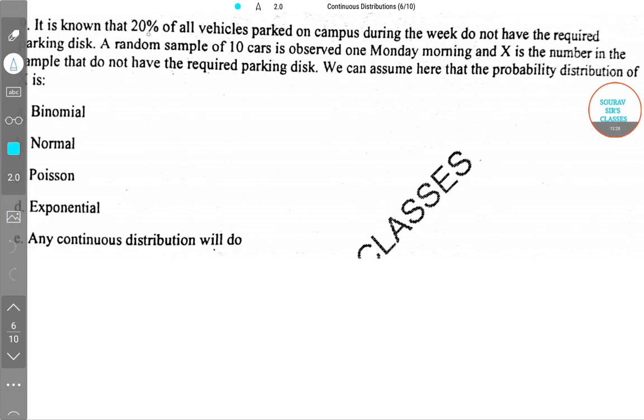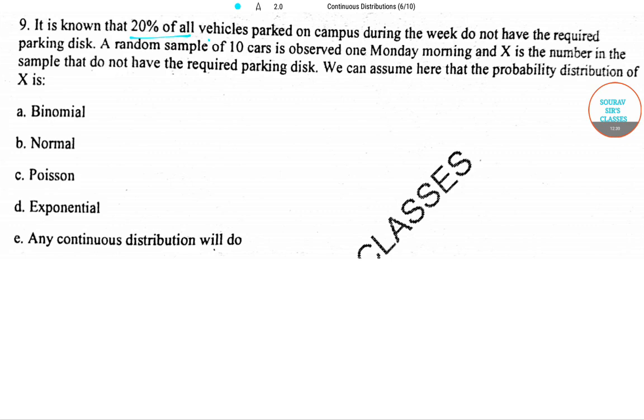It is known that 20% of all vehicles parked on campus during the week do not have the required parking disk. A random sample of 10 cars is observed one Monday morning, and X is the number in the sample that do not have the required parking disk. We can assume here that the probability distribution of X is.